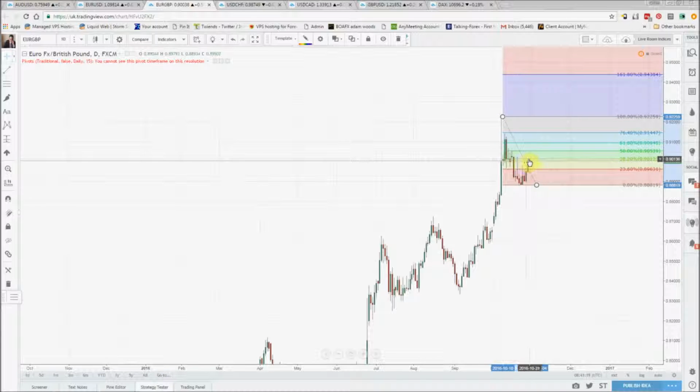So it is just looking like a bit of a pullback before it takes a further sell. And you can see we've got this area of confluence here, which is likely to be the first target around 8.7, and the centering of that around 8.5. So that's what I'm going to be looking at trading this next week.